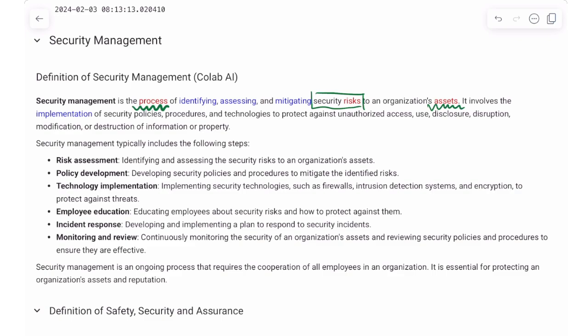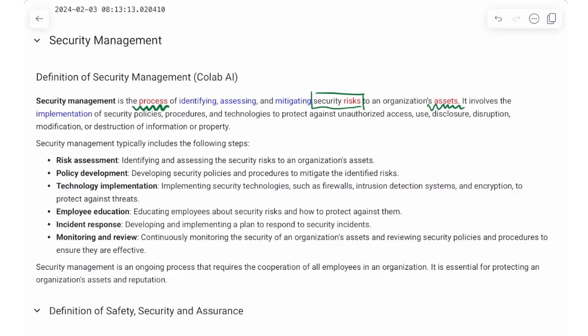And after that, you know there are different types of risks, the impact of the risk and the probability of this risk, and you have to make a plan. Which risk is more important in your organization, and then you take some action to mitigate such risk. So that is a process to do security management.